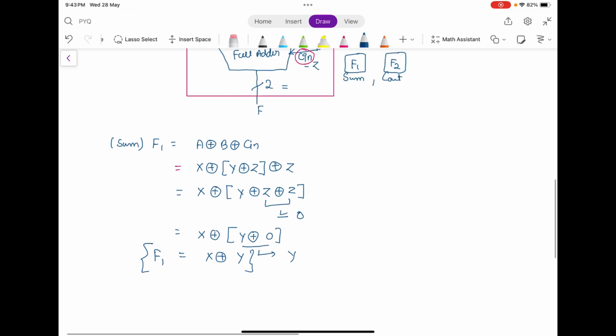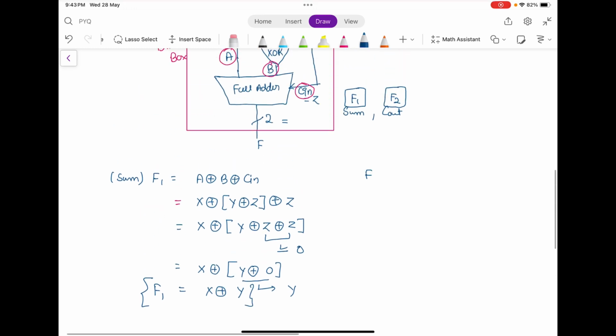Now we have to find the second expression, which is carry out.